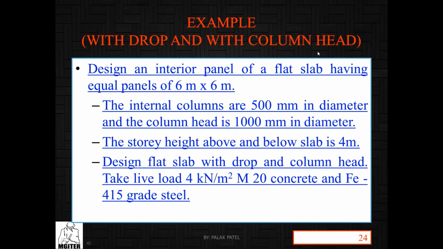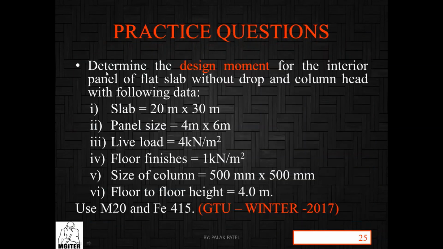Now we are going to give some practice questions. The first is: determine the design moment for the interior panel of a flat slab without drop and column head with the following data. In this example, you don't have to design a flat slab, you just have to find the design moment. Slab 20 by 30 m, panel size 4 by 6.